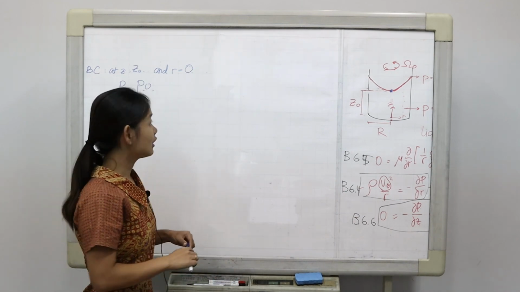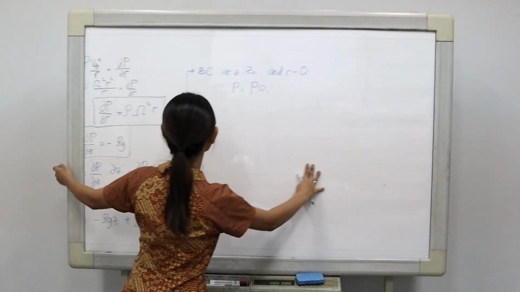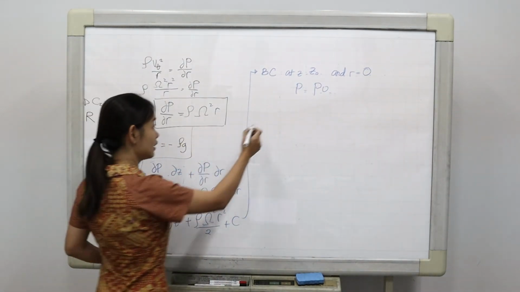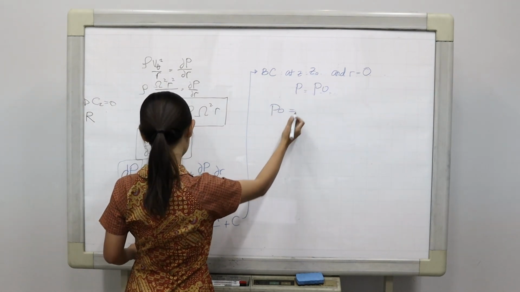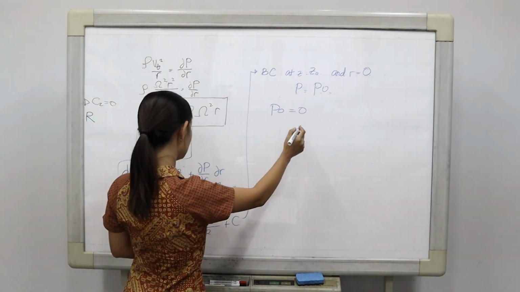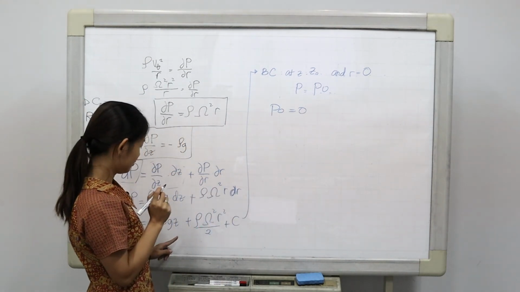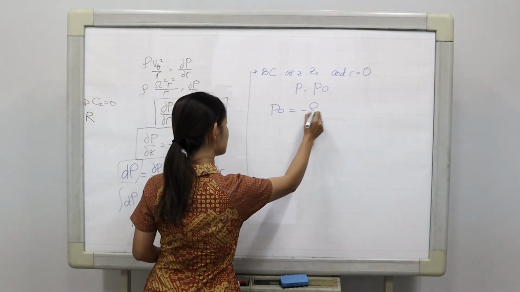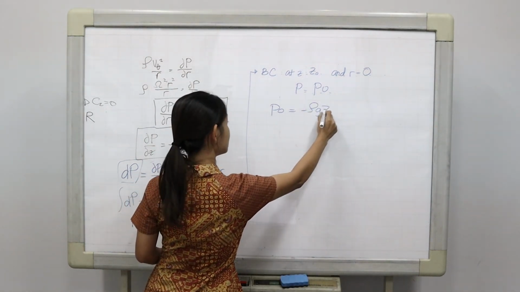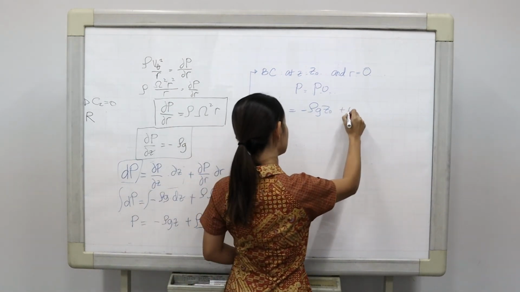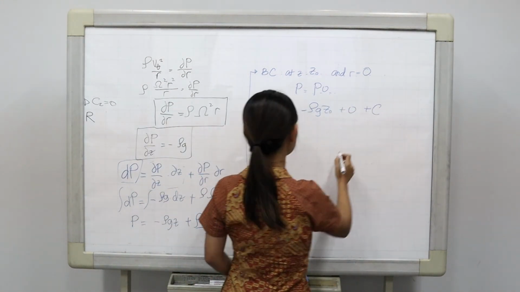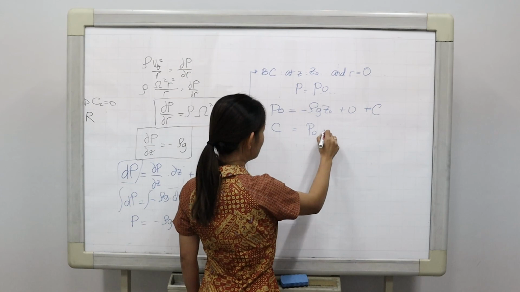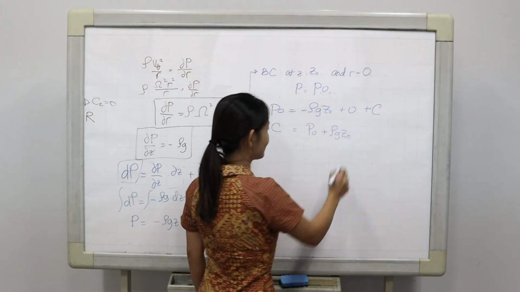Now we put the boundary condition into the equation. What we will get is P0 equal to minus ρg z0 plus 0 plus constant. So the constant is P0 plus ρg z0.